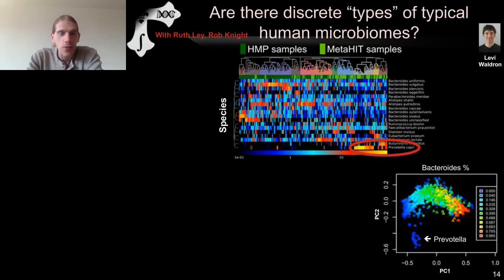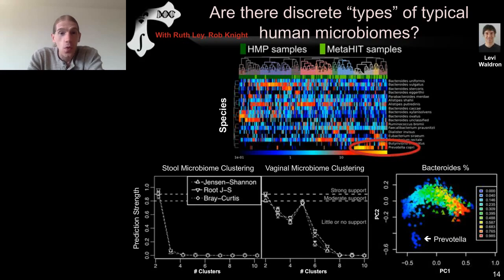If you have Prevotella, and in this case specifically Prevotella copri, it's abundant and you're depleted for other organisms. This results, if you quantify the cluster structure in the data, in 2 reliable clusters in the gut microbiome, Prevotella and everything else, as opposed to the 5 very reliable clusters we saw in the vaginal microbiome.